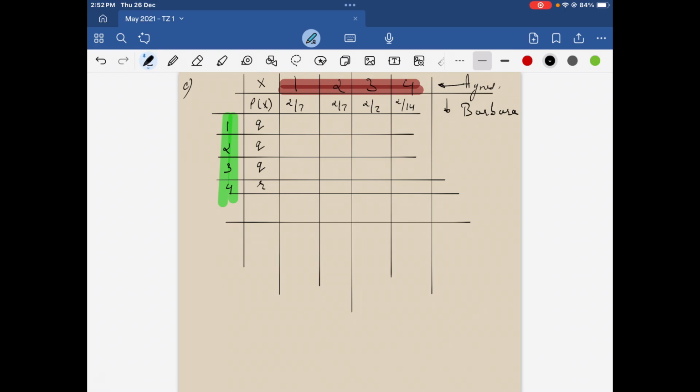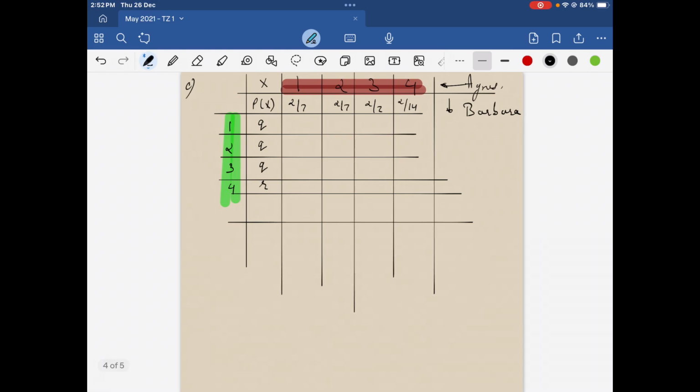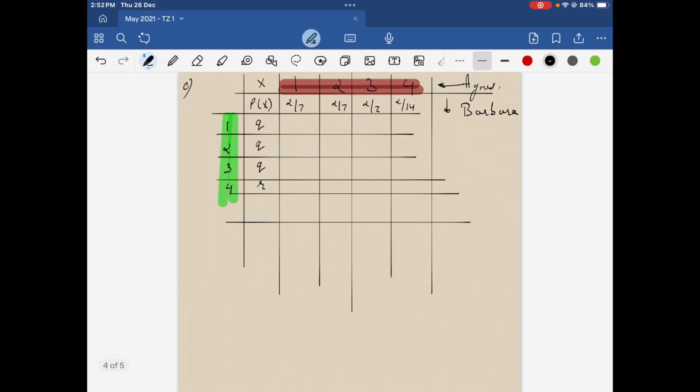In order to understand this, I have prepared a table over here. As you can see, horizontally I have written Agnes, and vertically I have written Barbara. So Agnes's die has numbers 1, 2, 3, 4. Barbara's die also has similar numbers 1, 2, 3, 4. I have written the probability of corresponding x and y.